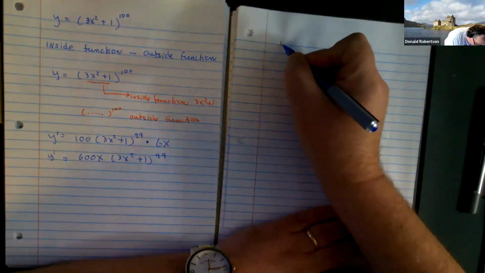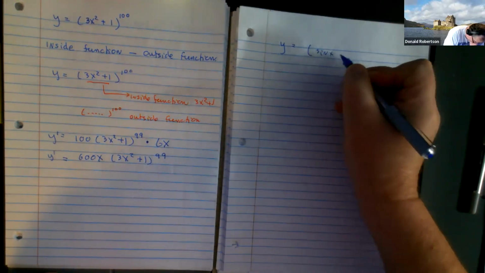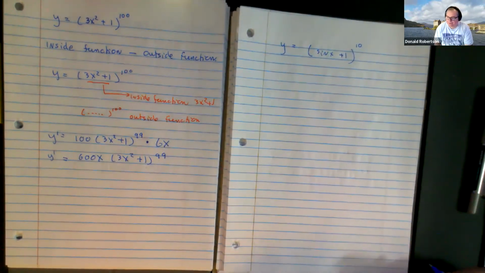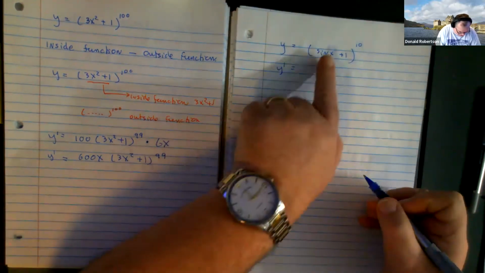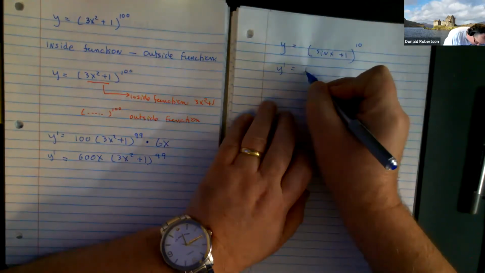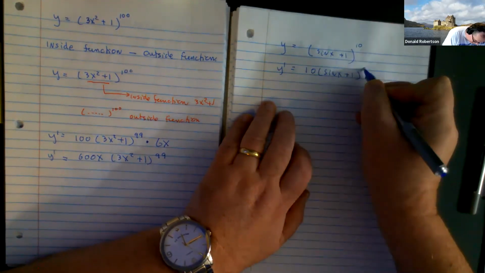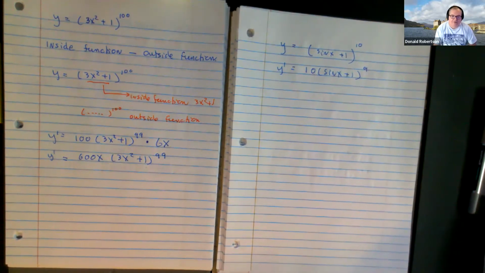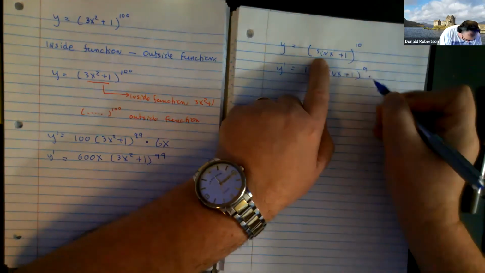So how about y equals sin x plus 1 to the power of 10. Now you want to do the chain rule on that. Its derivative: something to the power of 10, 10 times something to the power of 9. Isn't that general? And you finish with the derivative of something, the derivative of the inside function.